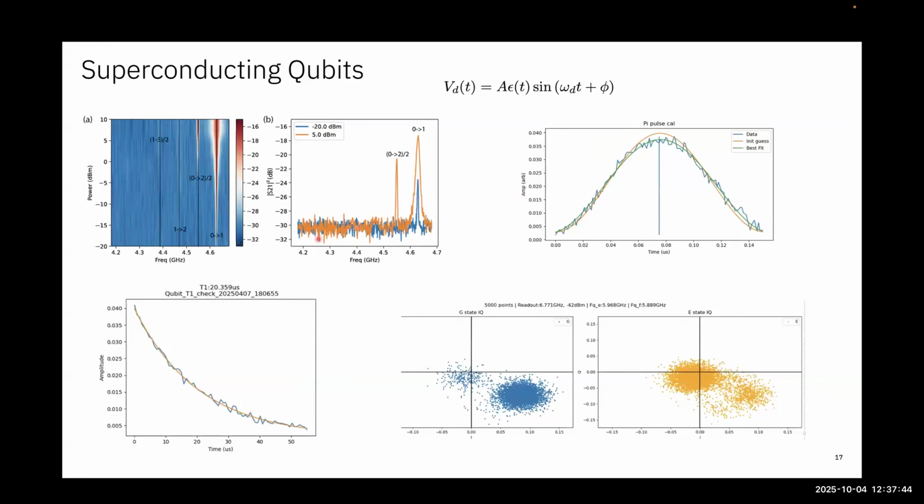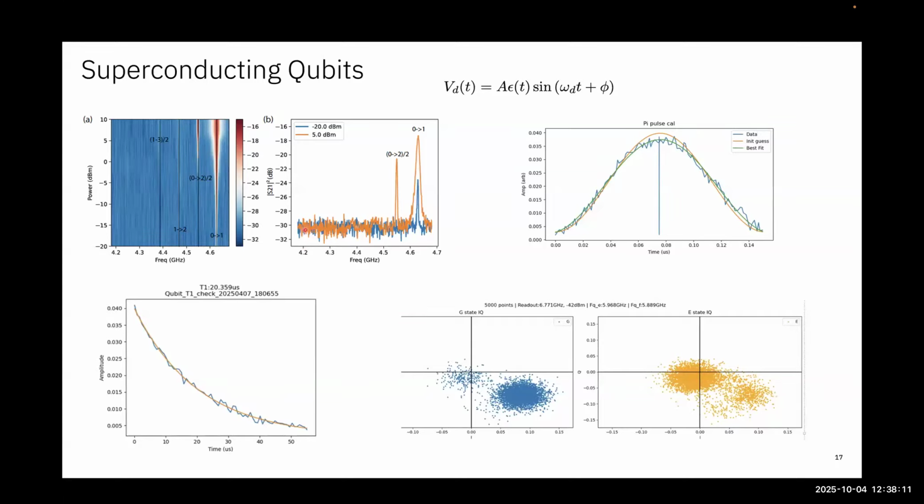This measurement is saying I'm sending a signal into the fridge, and I'm going to vary the frequency of the signal, which is why you have 4.2 to 4.7 gigahertz. Then I measure the response. If I send in 4.2 gigahertz and it's not the transition frequency of the qubit, you are not going to get anything.